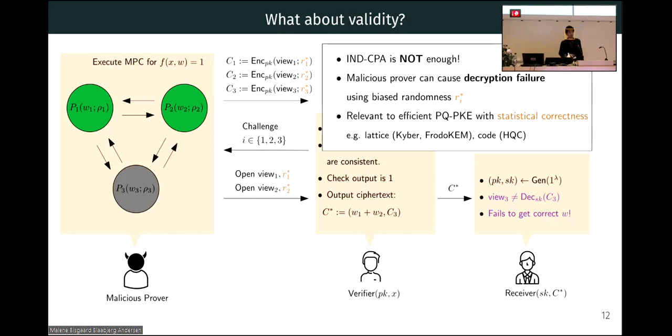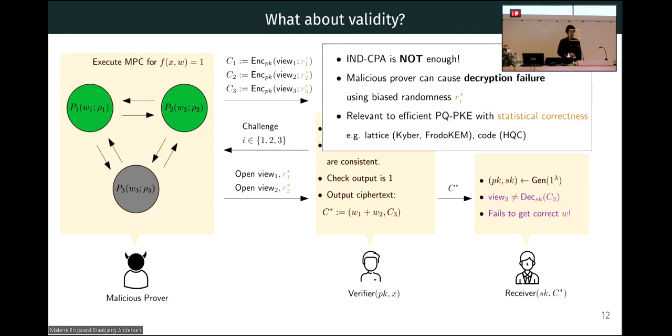In case the randomness is biased, it might be that the receiver obtains an incorrect view, and then eventually the receiver fails to recover the right witness. So this actually breaks validity. This is particularly relevant to recent efficient post-quantum public key encryption schemes, such as lattice-based or code-based schemes, because they set parameters such that correctness is only statistical, to achieve some efficiency.